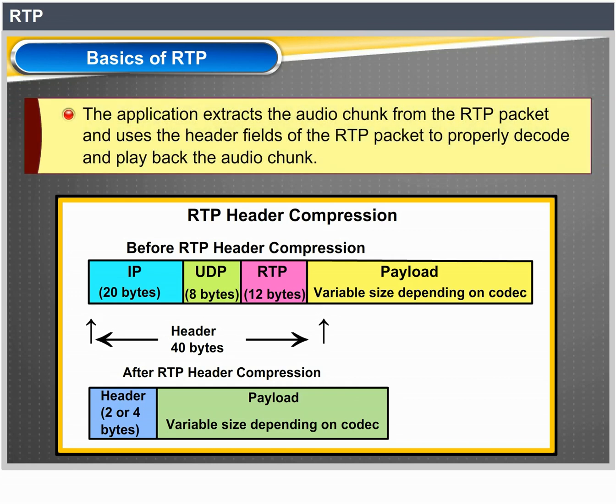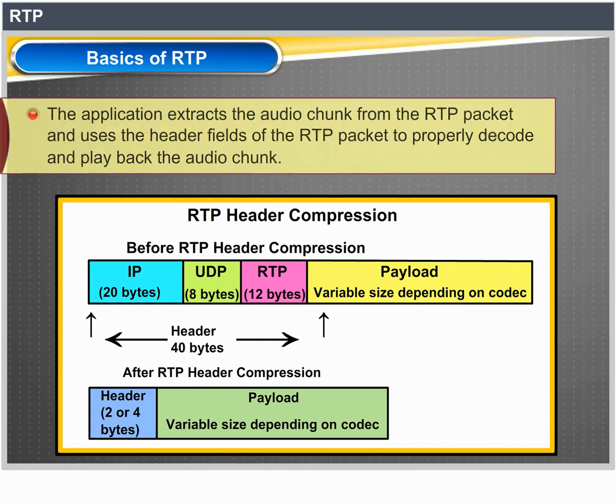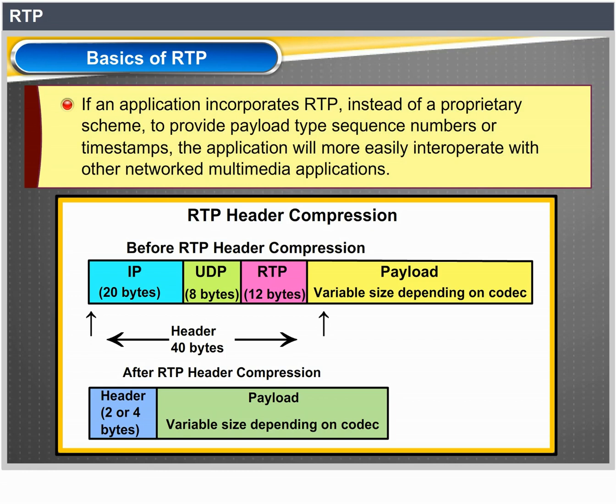The application extracts the audio chunk from the RTP packet and uses the header fields of the RTP packet to properly decode and play back the audio chunk. If an application incorporates RTP instead of a proprietary scheme to provide payload type, sequence numbers, or timestamps, then the application will more easily interoperate with other network multimedia applications.